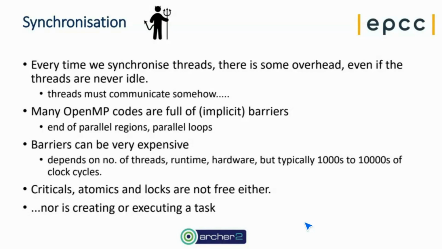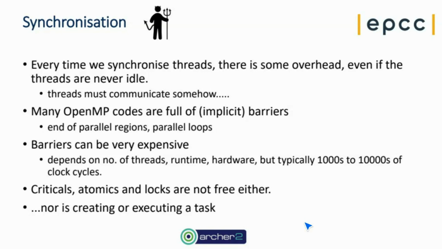Even if all the threads really do arrive at the barrier at exactly the same time, there is still some cost in actually executing the barrier, because the threads have to communicate somehow, and the communication is all happening through reads and writes in the memory system. OpenMP particularly encourages this style of programming, which is full of implicit barriers, and they're surprisingly expensive.